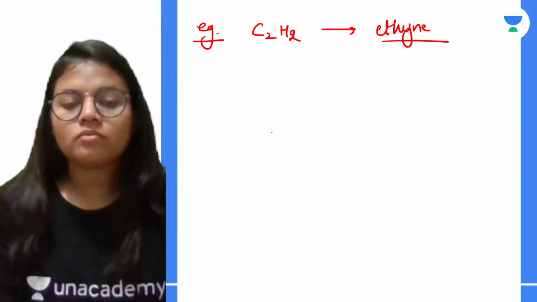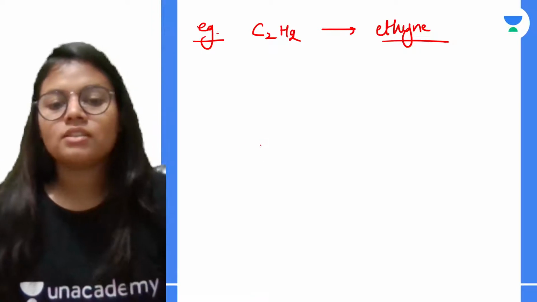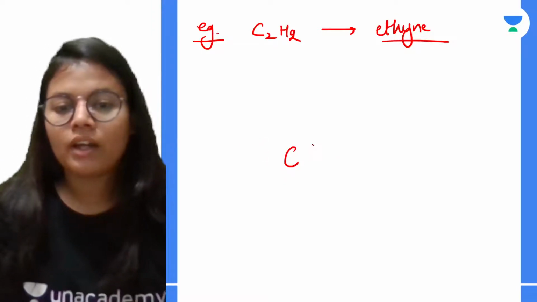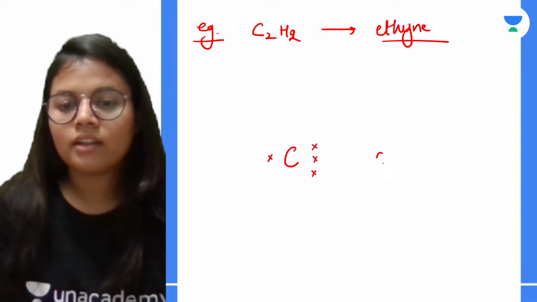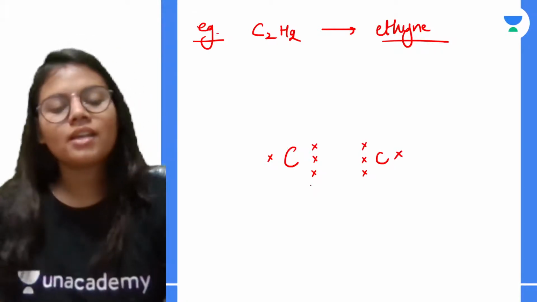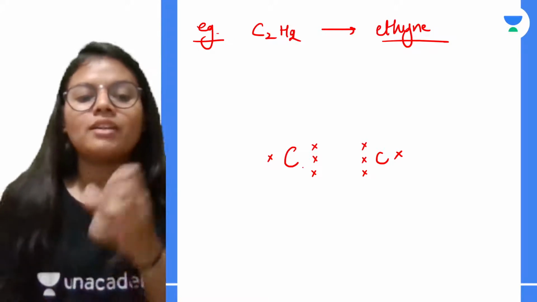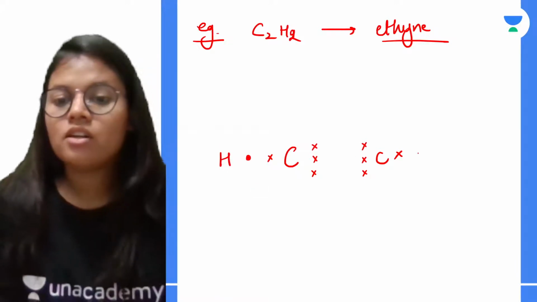Okay, अभी C2H2 की अगर हम बात करें तो what is the case over here? Carbon, there are 2 carbons, so we are having 1, 2, 3 and 4, and another carbon again we can represent it this way. So why I am arranging the electrons this way, so that we can show it in a bit clearer manner how our electrons are being shared.